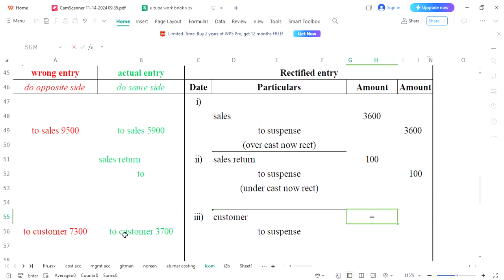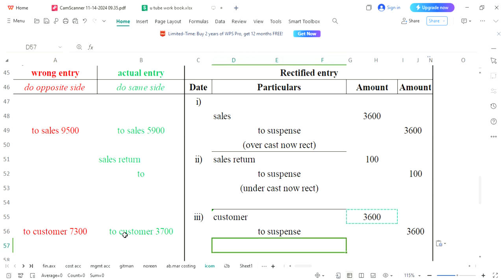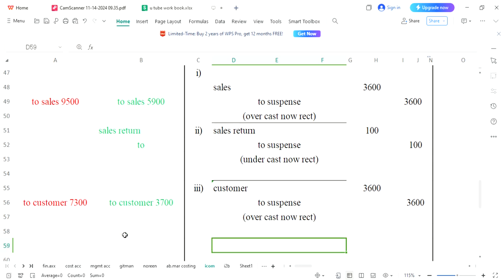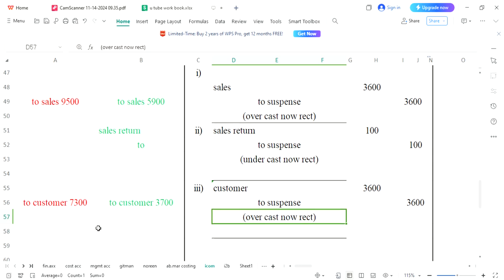Secondly, in under or overcast, you write the difference of amounts. So here we have a difference of 3600, and the same amount would be posted on the credit side. This was overcast and we have rectified it. The third entry is also completed.